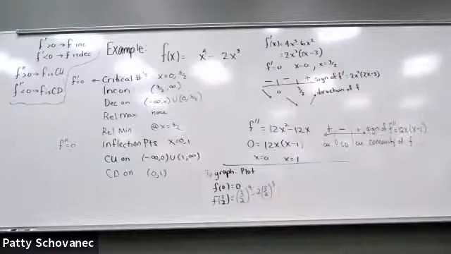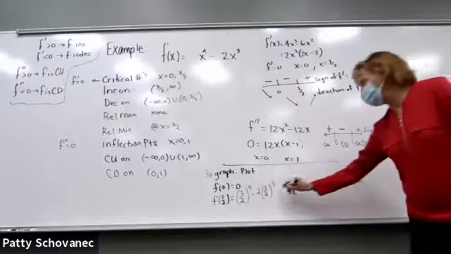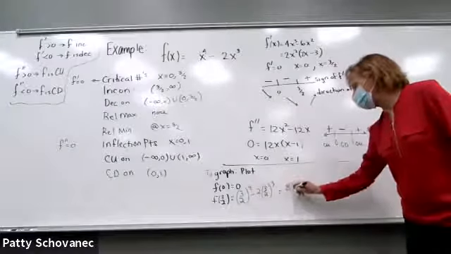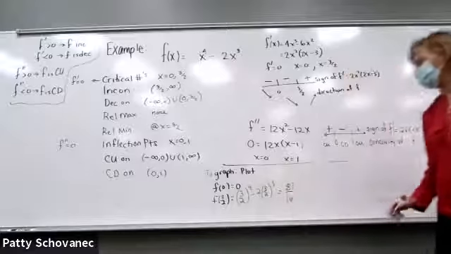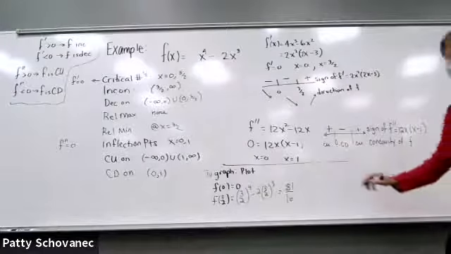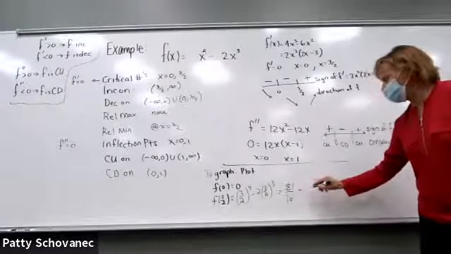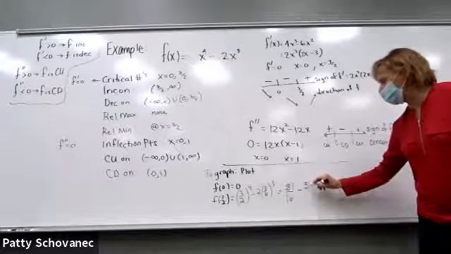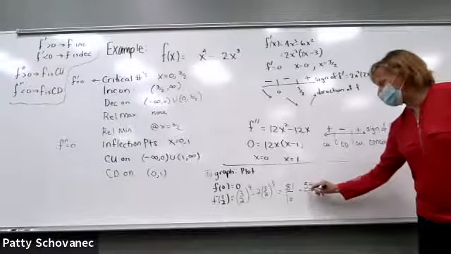Let's see, 3 to the 4th is 9 times 9 is 81. 2 to the 4th is 16. 3 cubed is 27. 27 times 2 is 54. 2 cubed is 8.